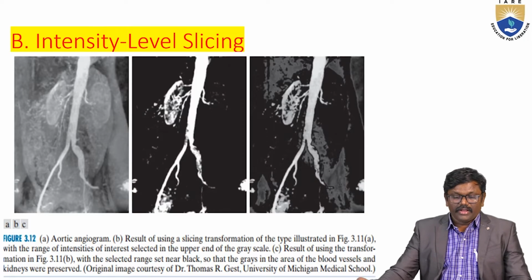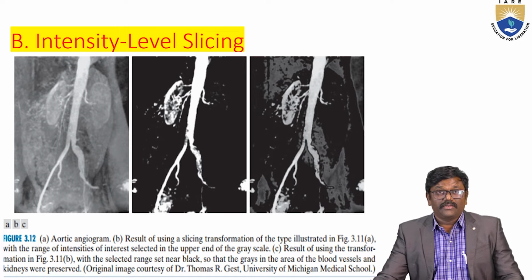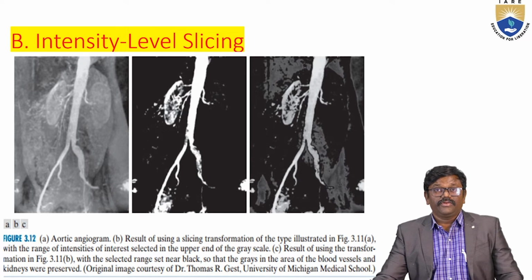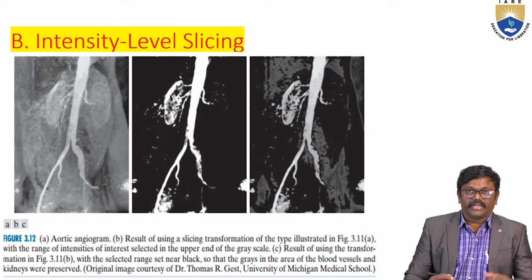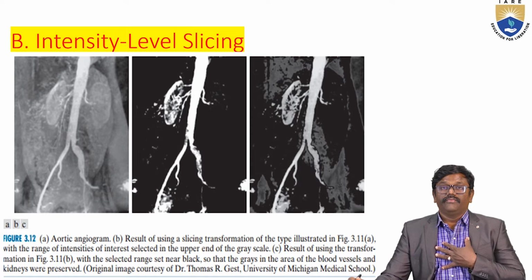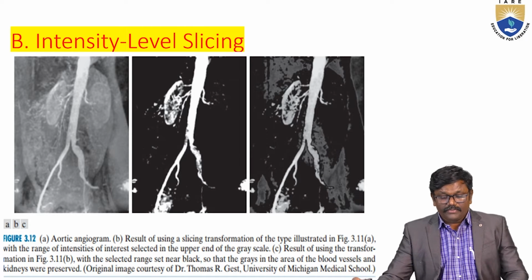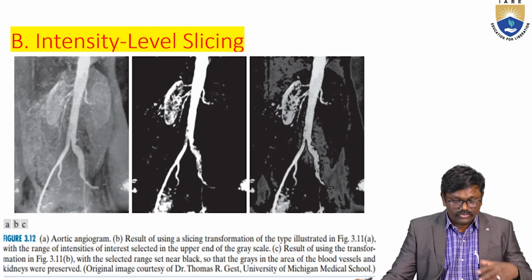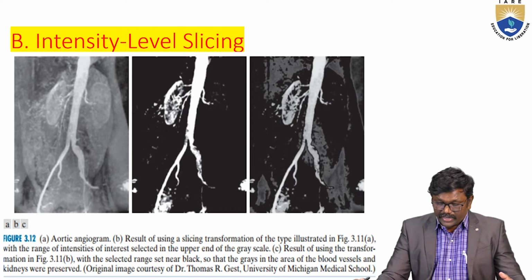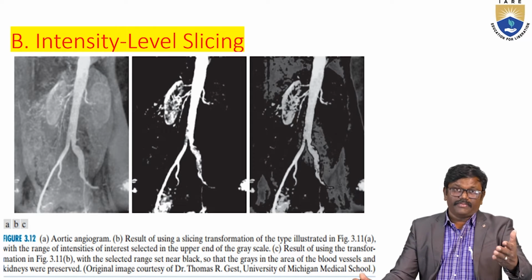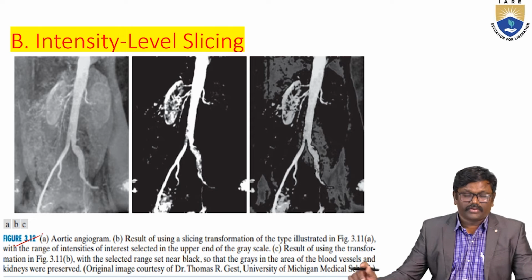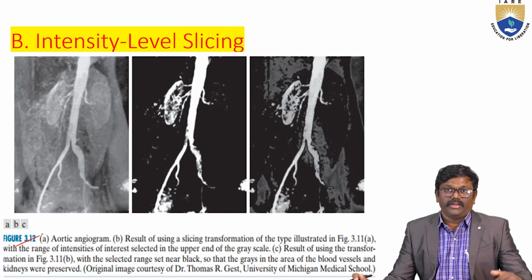Coming to intensity level slicing, if you take the internal part of the body, which we are going to see in detail, certain times this part of the information is what we want to understand. I'm taking it from the same textbook, from chapter 3, for this explanation.